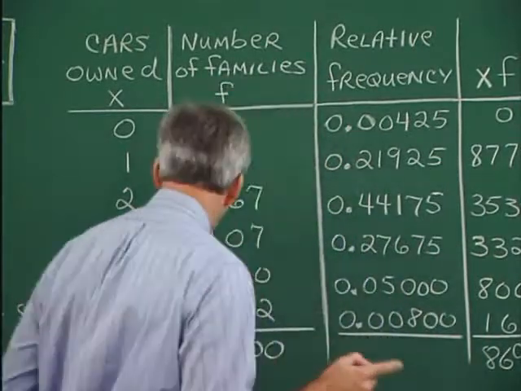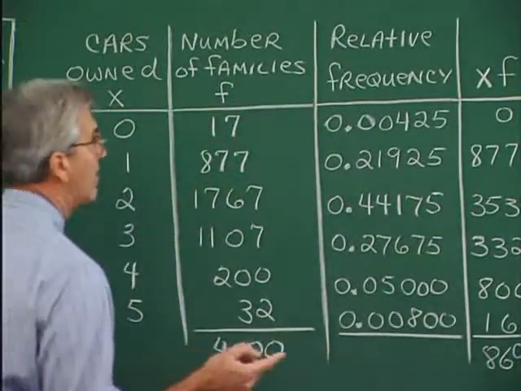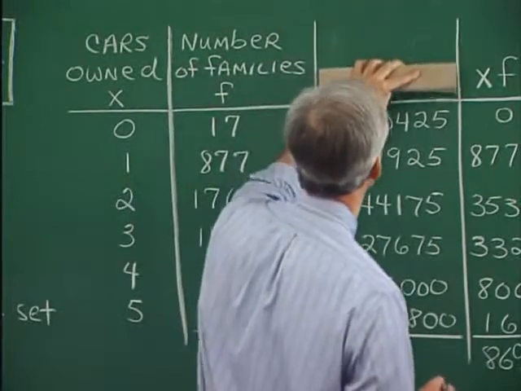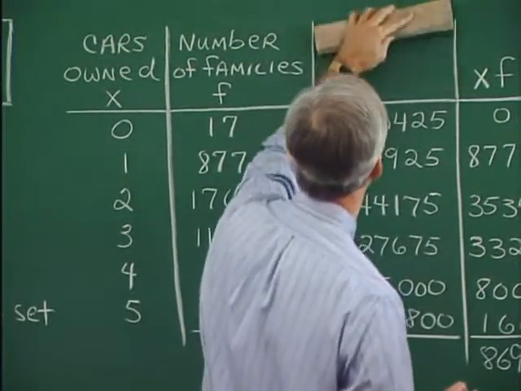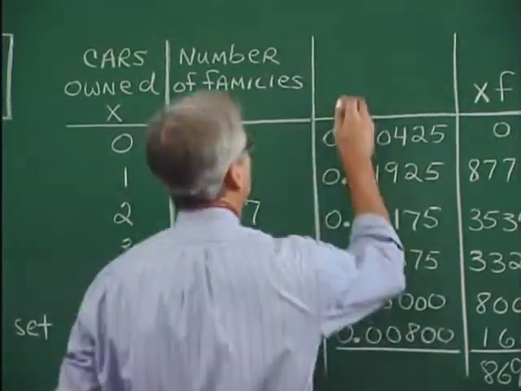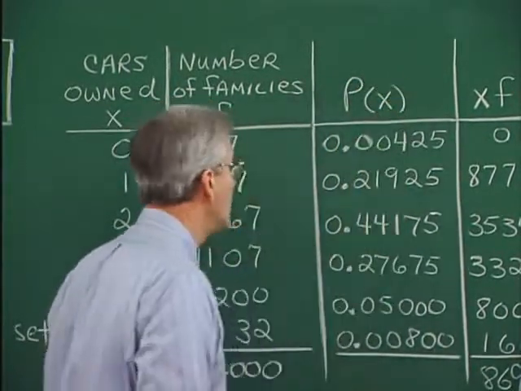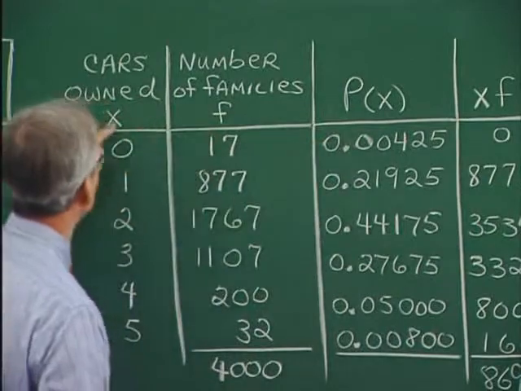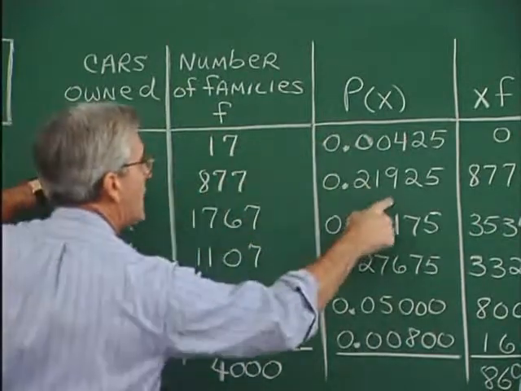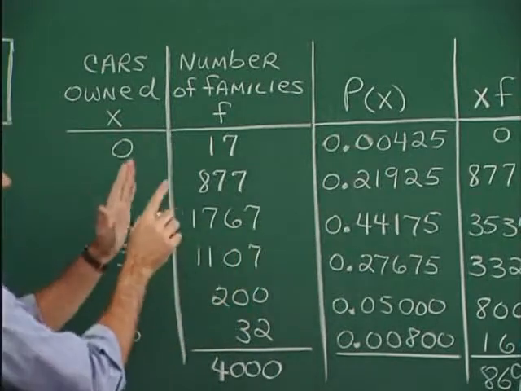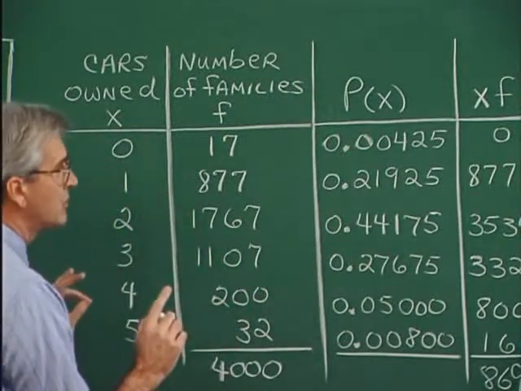So what I could do right here, if we're talking about a probability distribution, I change this relative frequency column and just rename it. I could say this is the probability that X will occur. You see, the probability that 1 will occur is right here. The probability that this X will occur is right here, and so on. Okay, so now it's a probability distribution.